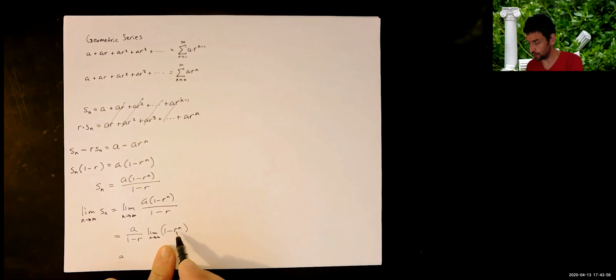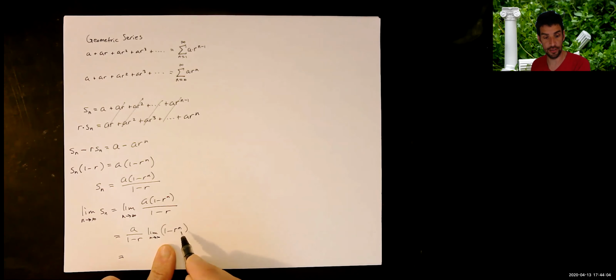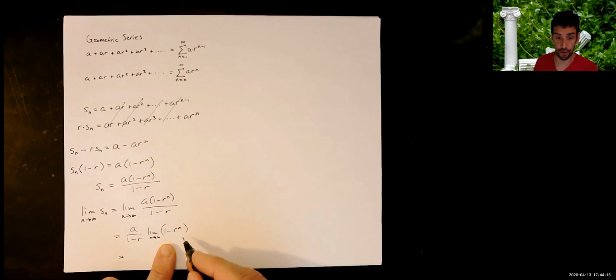What is the limit as n goes to infinity of R to the n? And what you discover is the limit of this sequence is going to be 0 as long as R is between -1 and 1. Otherwise, the series is going to diverge, right?